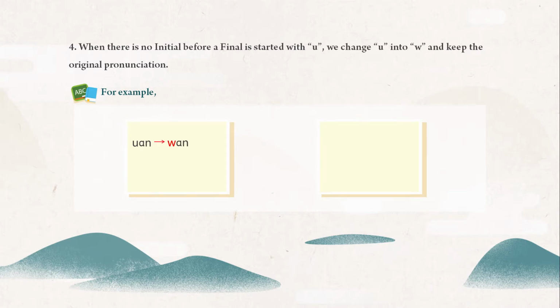We got a pinyin wo, such as word wo. When compound final uang is a syllable by itself, we should directly add the letter w before it. We got a pinyin wang, such as word wang.